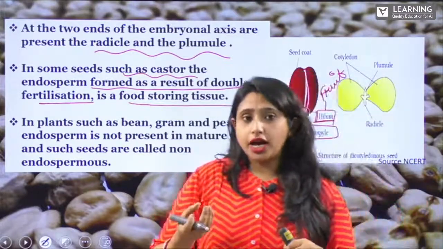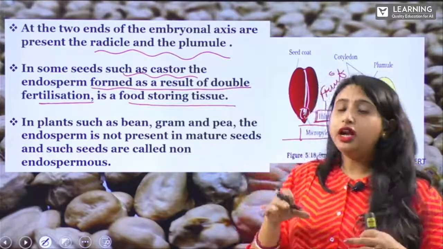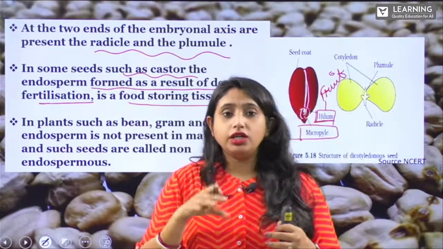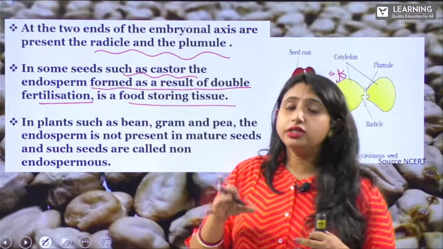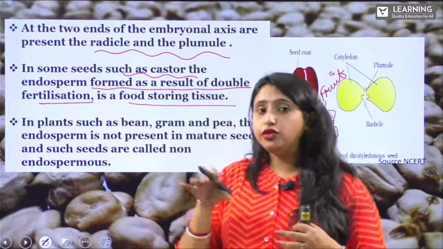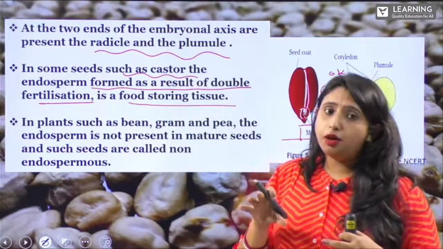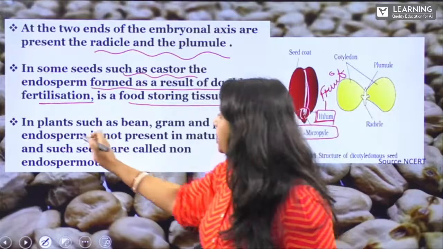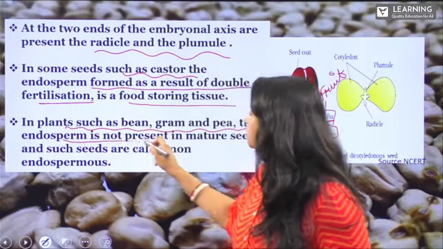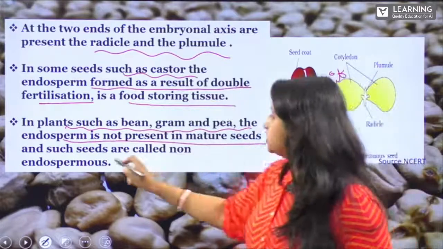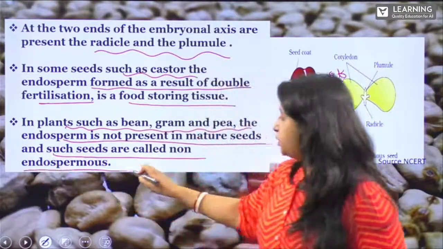In double fertilization, the male gametes fuse. One of them fuses with the egg, isn't it? And the other fuses with the polar nuclei in the embryo sac, right? In plants such as bean, gram and pea, the endosperm is not present in the mature seed, and such seeds are called non-endospermous seeds.